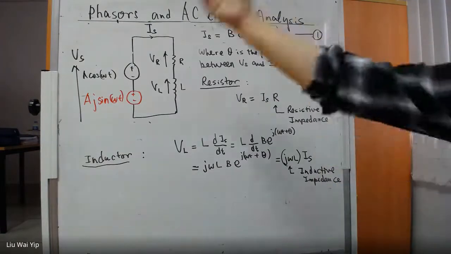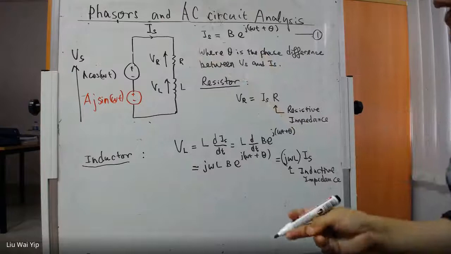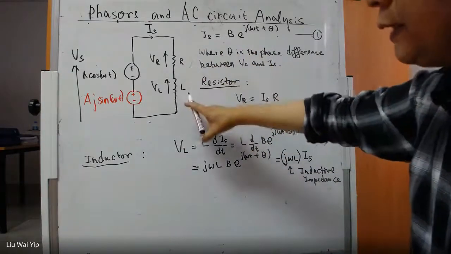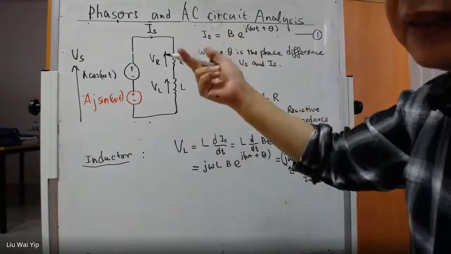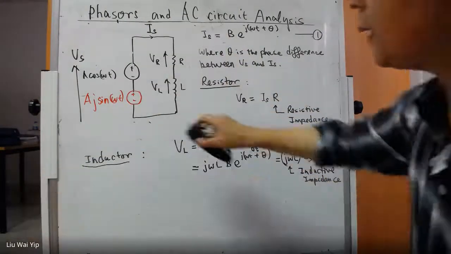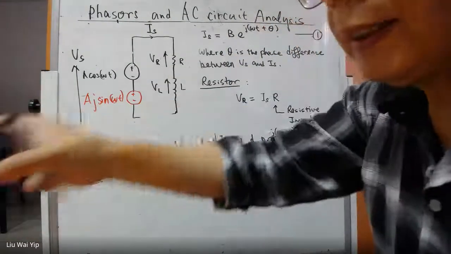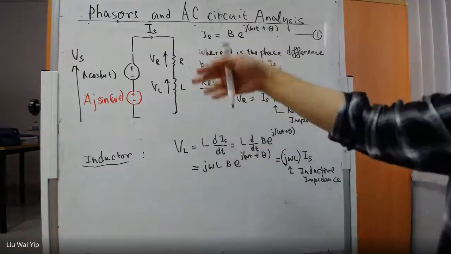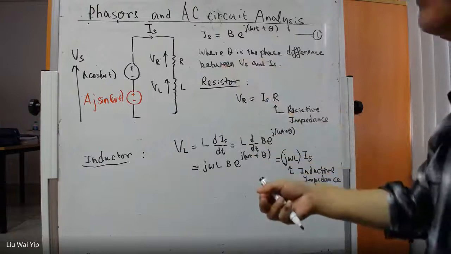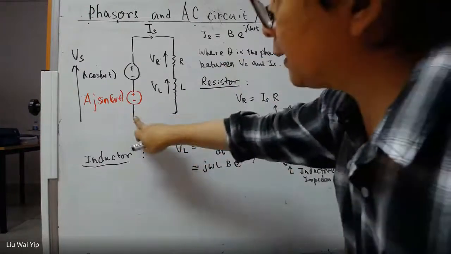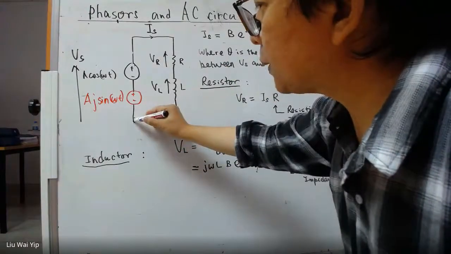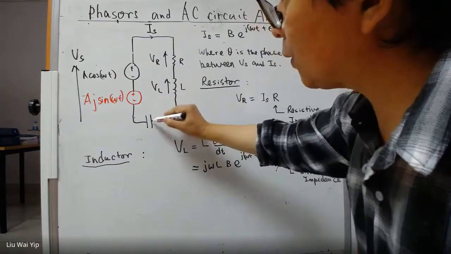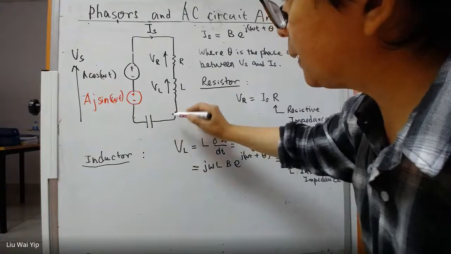Now, this circuit is overly simplified. We have only a resistor and an inductor, but we don't have a capacitor. So let's add one, and we are going to generalize. We are not in the position to solve this circuit again. Instead, we are going to come up with a methodology, and this methodology is called phasor.